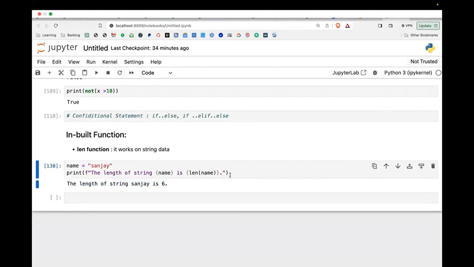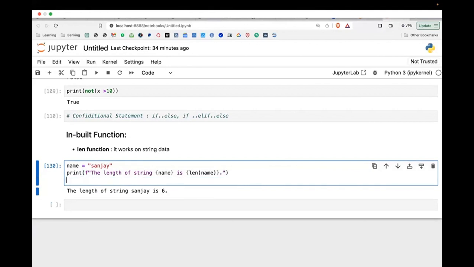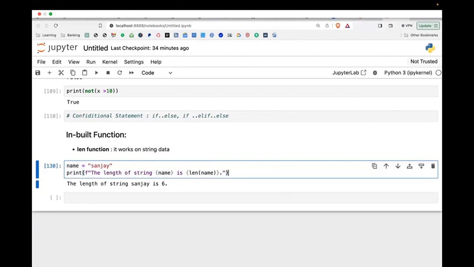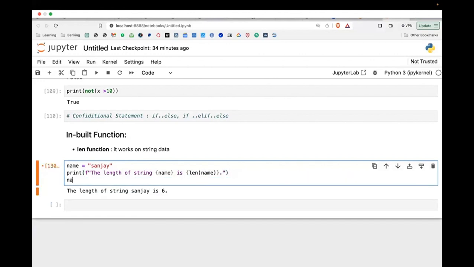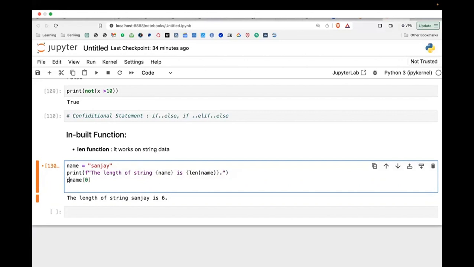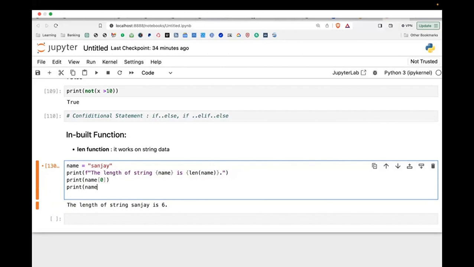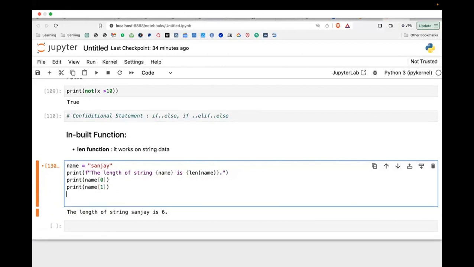Okay, and I told you that you can also access each character by this. So I cannot write it directly in the for loop, otherwise each variable can be printed. Each character can be printed with the indices in the square bracket.